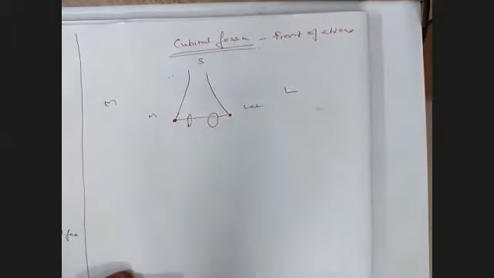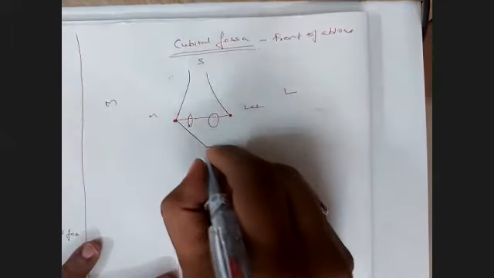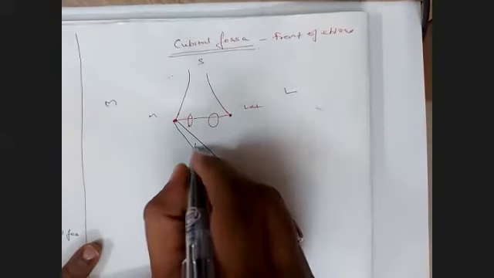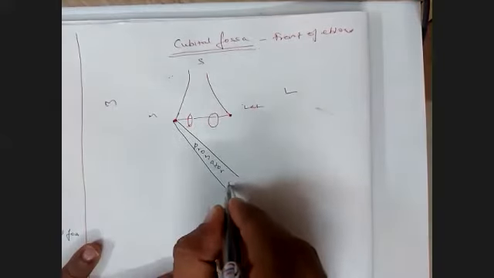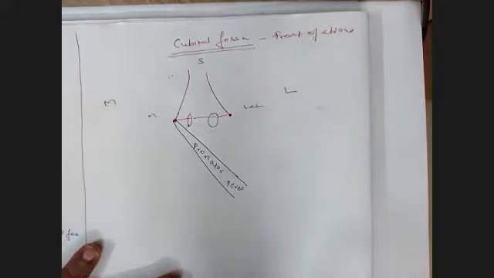Now, coming from the medial epicondyle is a muscle, the name of that muscle is pronator teres.